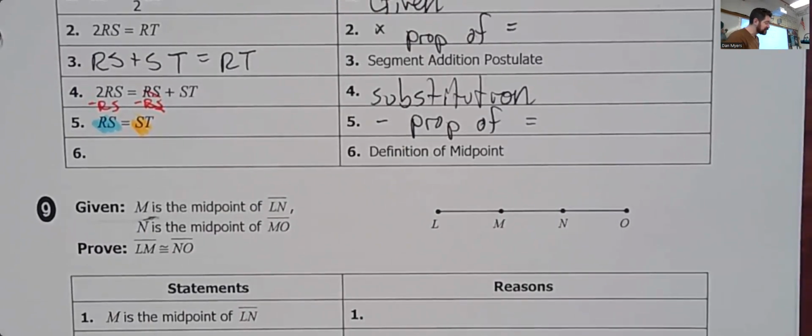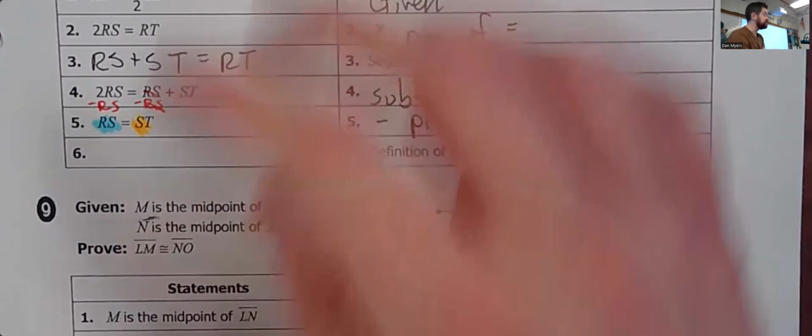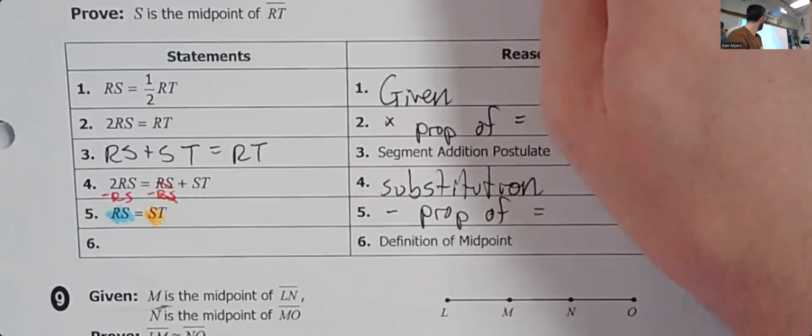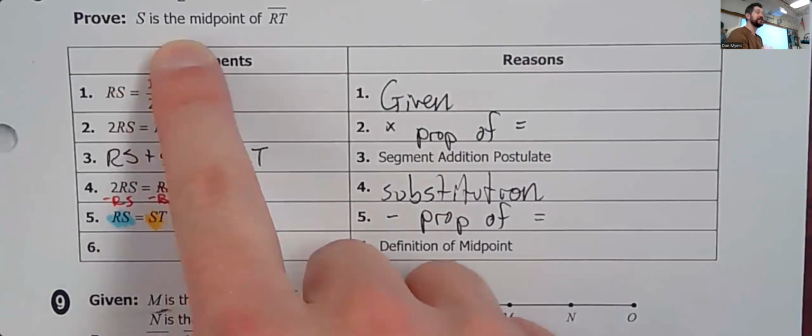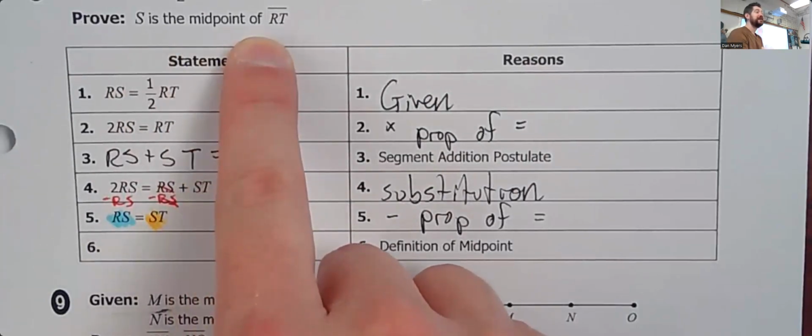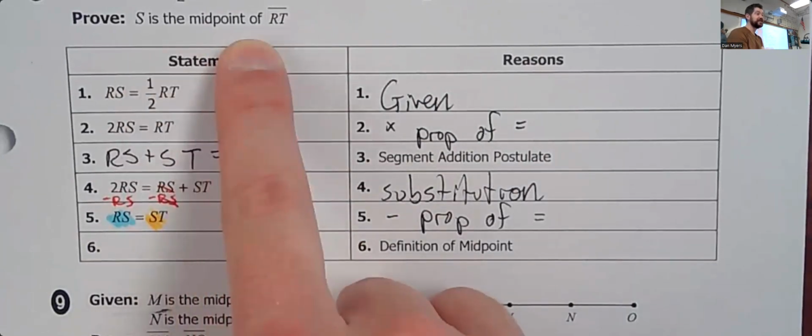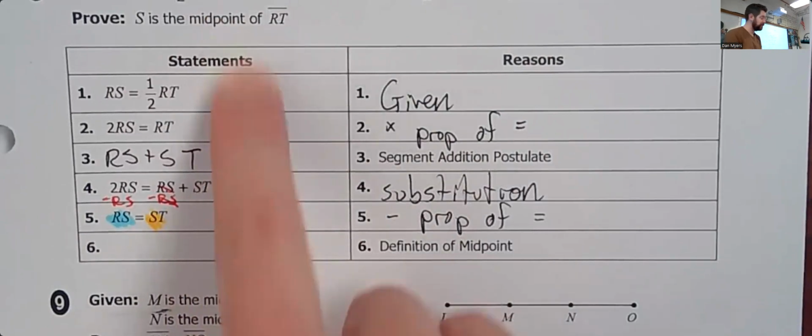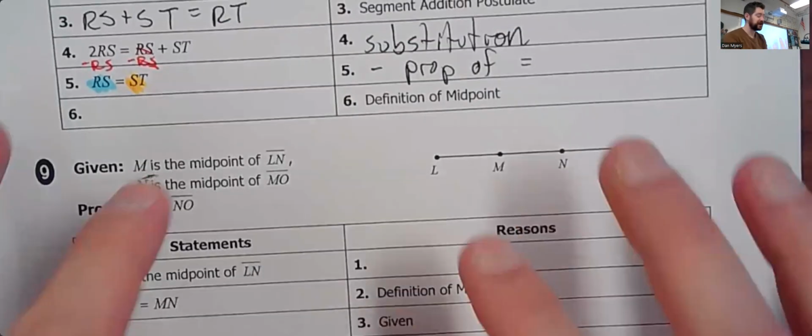All right. Last one here. Actually, here's a quick hint for you. Your last statement will always be the thing that you are trying to prove: RS is ST. S is the midpoint of RT. This will always be your last statement. So we're just going to write that. Kind of like your first statement is always the given.